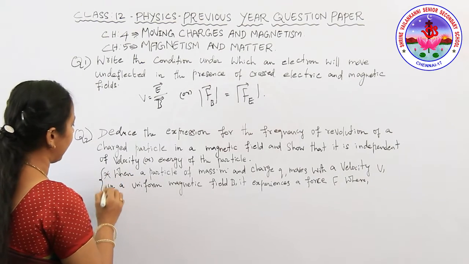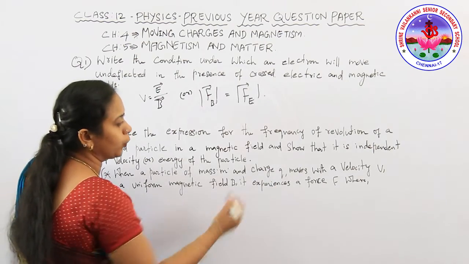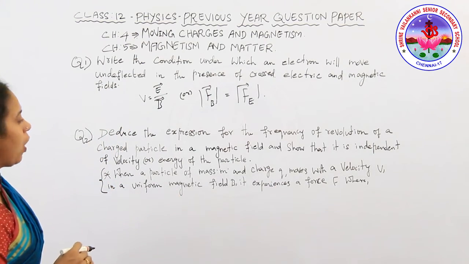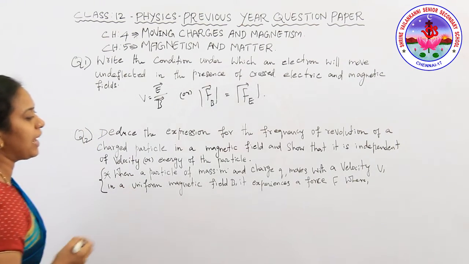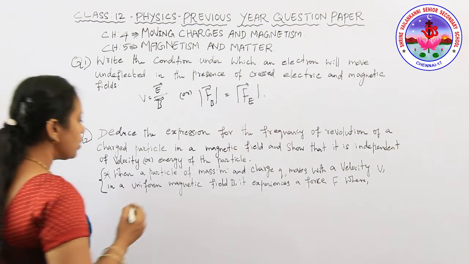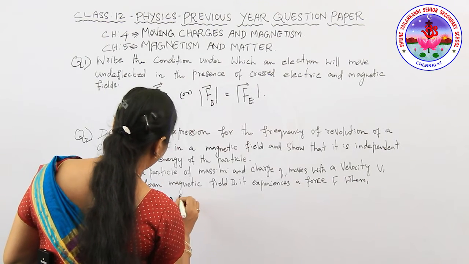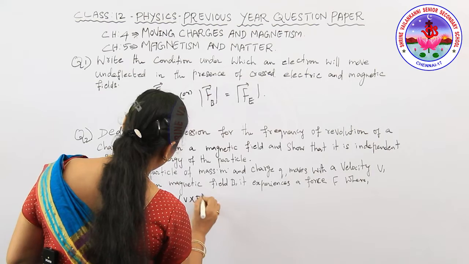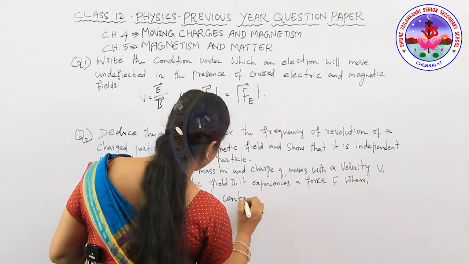So when a particle of mass m and charge q moves with a velocity v in a uniform magnetic field, definitely it will experience a force F. So the force F which is equal to q into v cross B. So that v cross B, then the centripetal force.